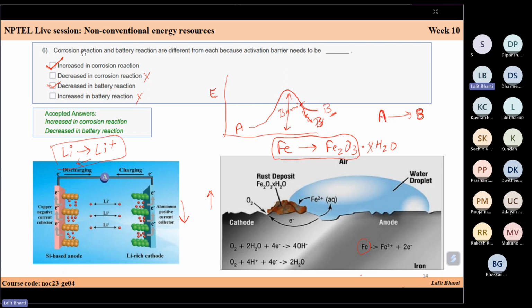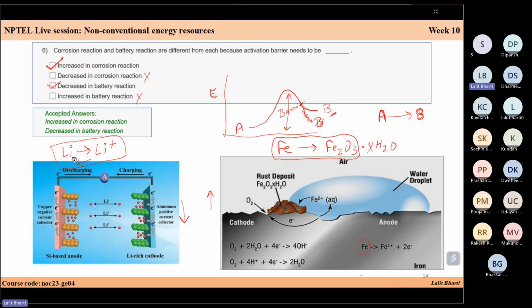Our statement was that corrosion reaction and battery reaction are different from each other because activation barriers need to be increased for the corrosion reactions. We need these to be very high because we don't want A to go to B, or Fe to go to Fe2O3. But in case of batteries, we want our reactions to be very quick, or these energy barriers to be very low.